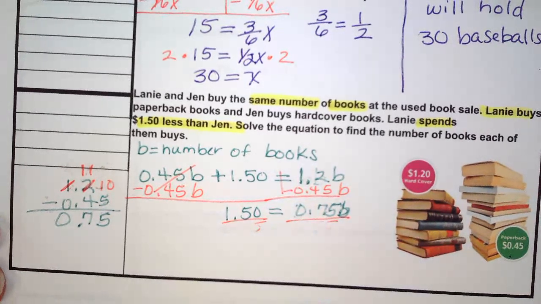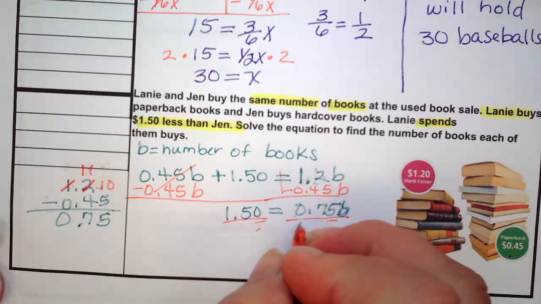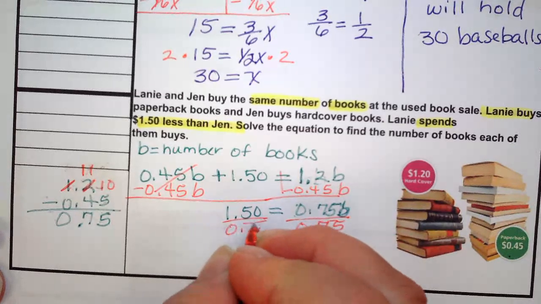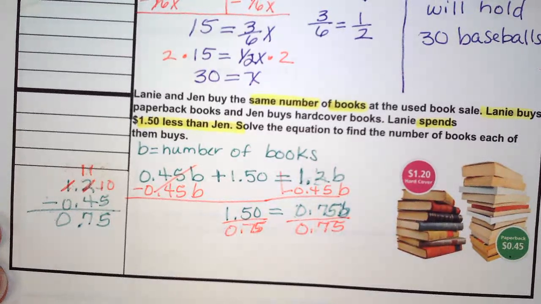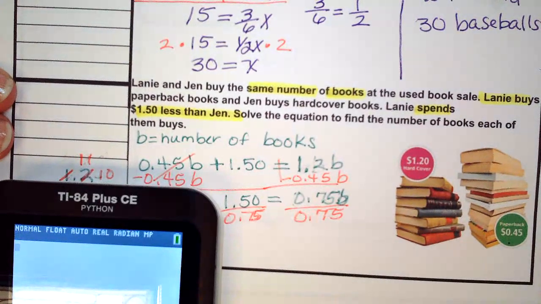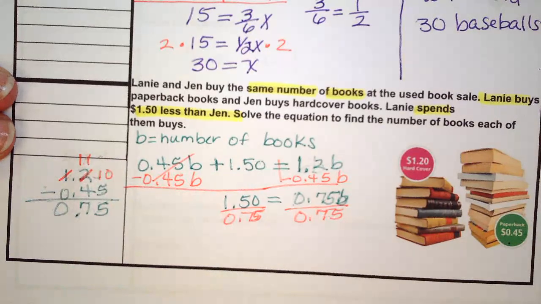Now, divide both sides by 0.75. 1.5 divided by 0.75, and I end up with 2.